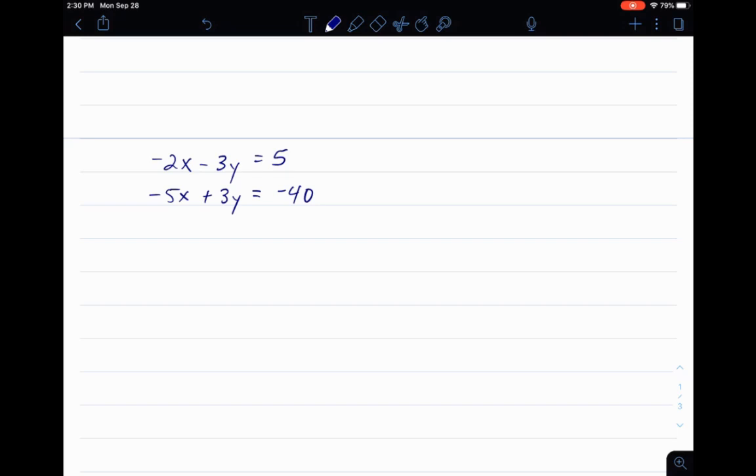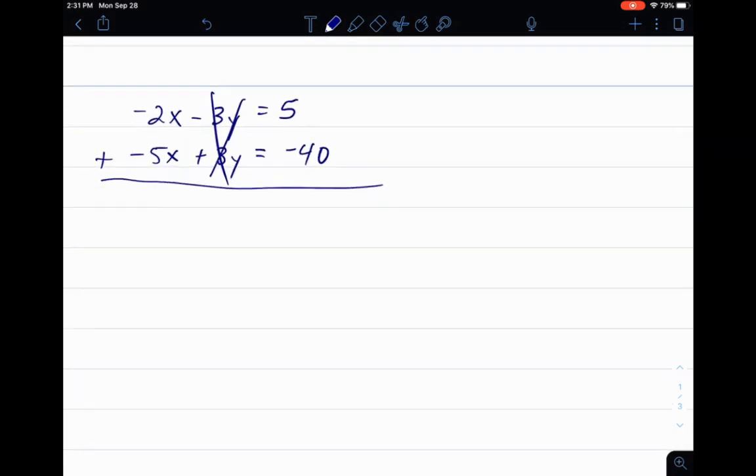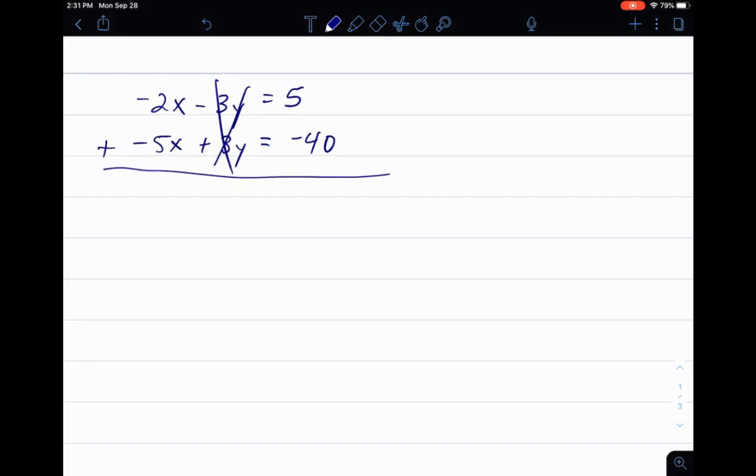So what do I need to multiply by? Exactly. Okay, in this particular case, I don't really have to multiply by anything because the y's are already opposites of each other. Okay, and so when I add these together, my y's are already going to drop out. Okay, I wanted to point that out because sometimes we'll get so caught up in, oh, I have to multiply by something, and we'll miss out on the easy ones trying to do extra work.